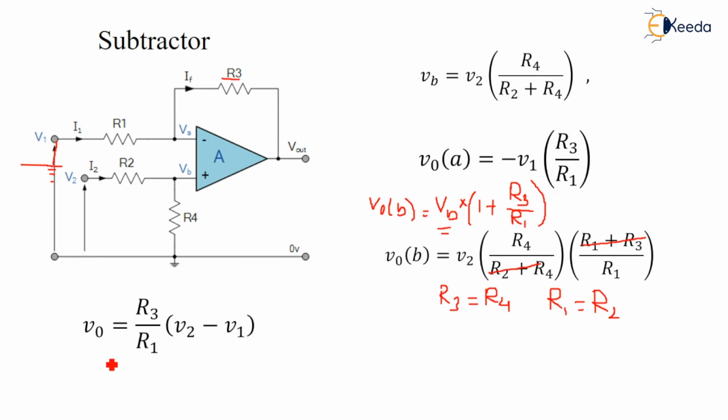After solving, I'll get the subtraction equation. The output voltage is equal to R3 upon R1 into V2 minus V1. This is nothing but the gain, and this is nothing but the subtraction of the two input voltages.